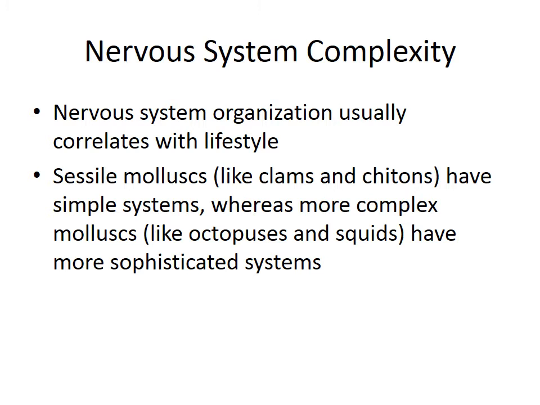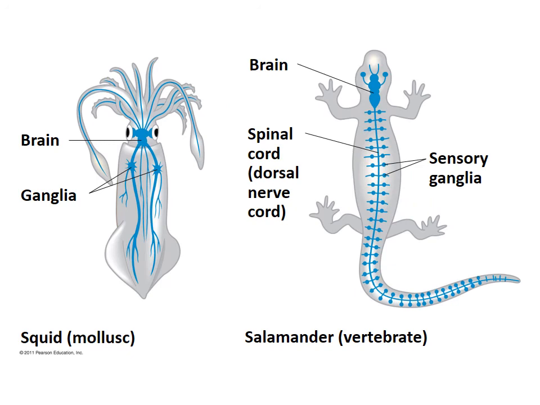They don't need a complex system, so why bother building one? Whereas more complex mollusks, like octopus and squid, they have very sophisticated systems. So here we have a squid, and he actually has a definite brain, and he has ganglia, and he has nerves going down every arm of him.